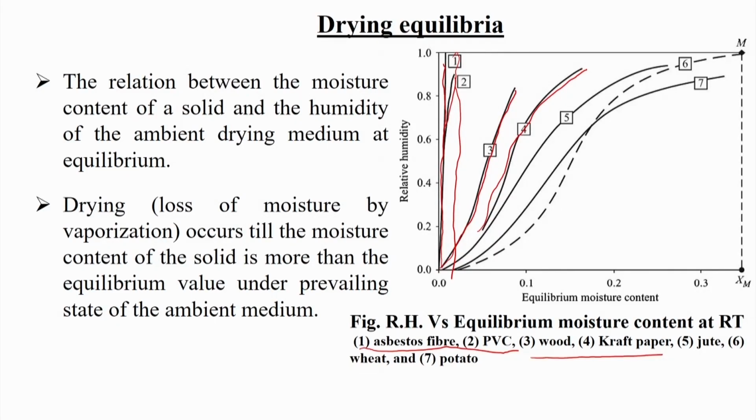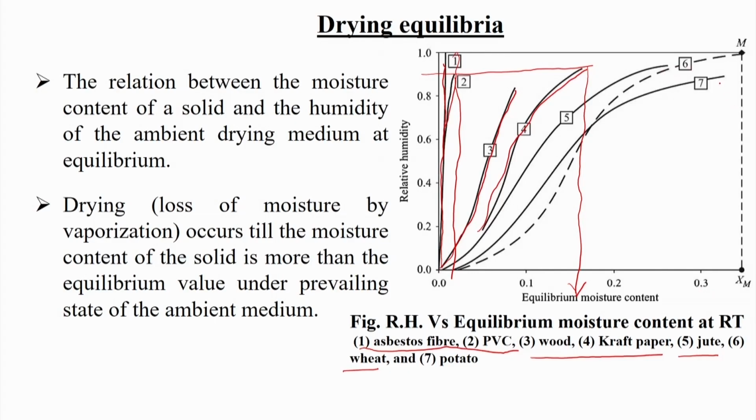In the case of craft paper, for a relative humidity of 0.9, the equilibrium moisture content will be like 1.18 per kg dry air. But for different jute fibers and for wheat also, whenever we have more relative humidity, the equilibrium moisture content values are also very high.